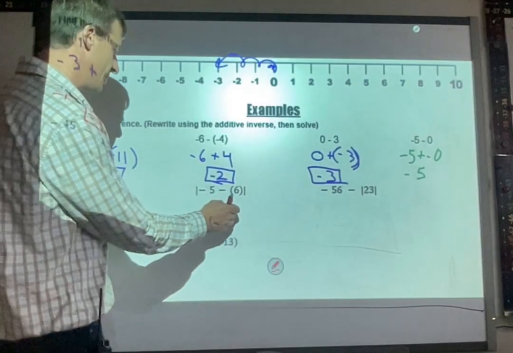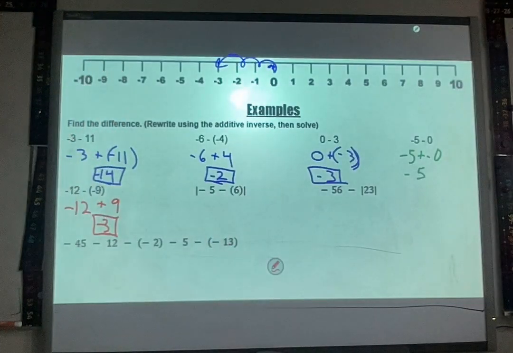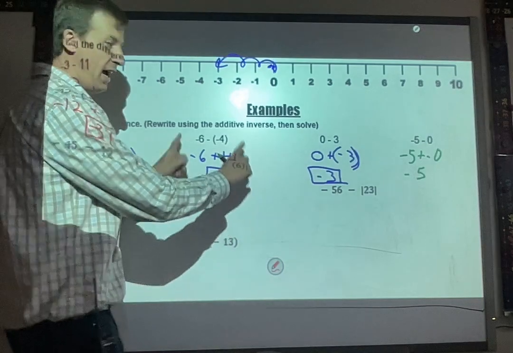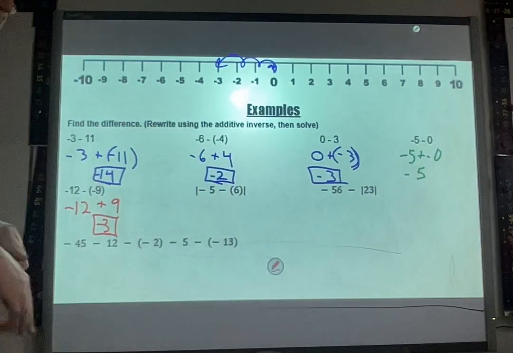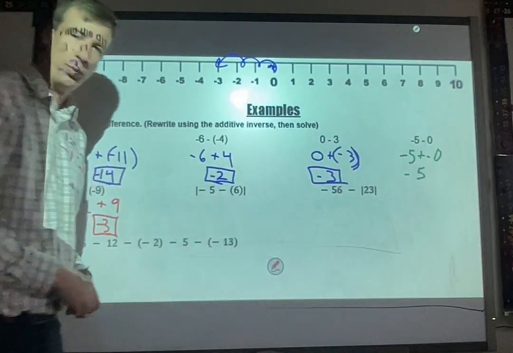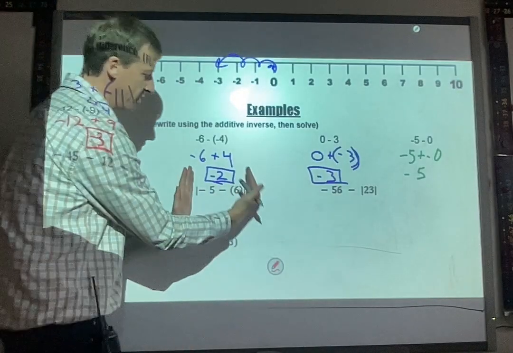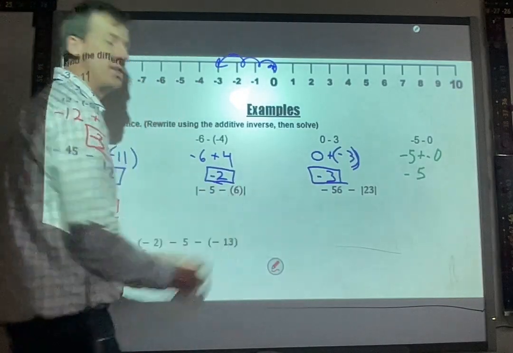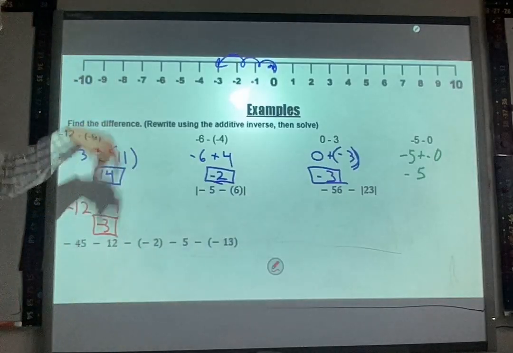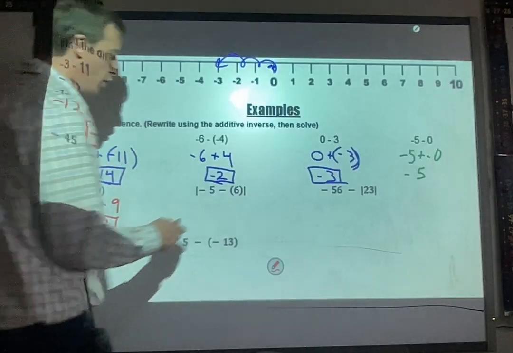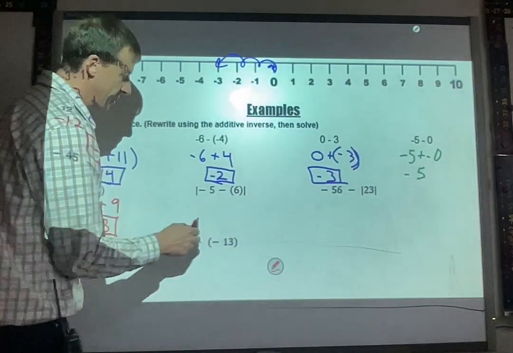Negative 5 minus 6, but now we've got the absolute value. So we're throwing some stuff from earlier on in the chapter into this, right? Remember that the absolute value sign is like a grouping symbol. So we do whatever is inside the absolute value first, then we can take the absolute value last. So we've got negative 5 minus 6.